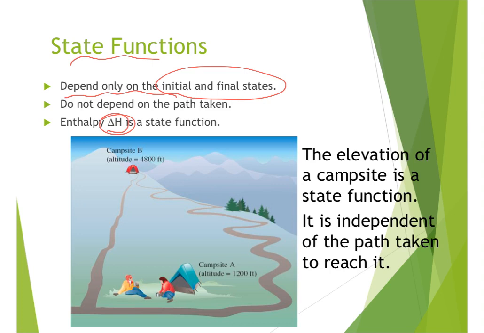So enthalpy is a state function, which means that we can calculate the change in enthalpy for a process by simply taking the difference in the enthalpy between the initial and final states. Any state function, if you want to find the change in that state function, you can just subtract the initial and final values, and the middle values don't matter.